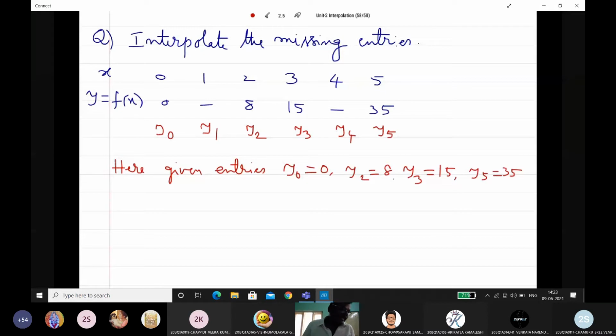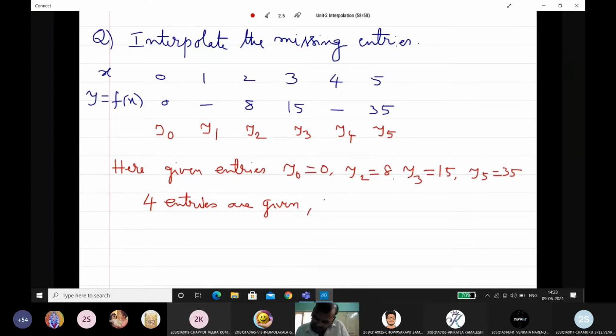Four entries are given. That means we get a polynomial of degree 3.